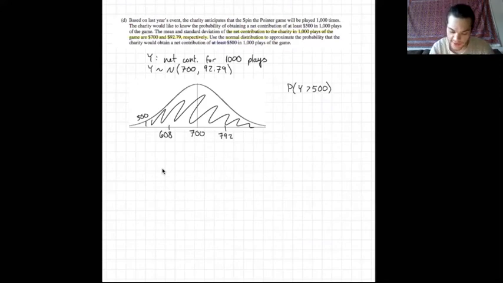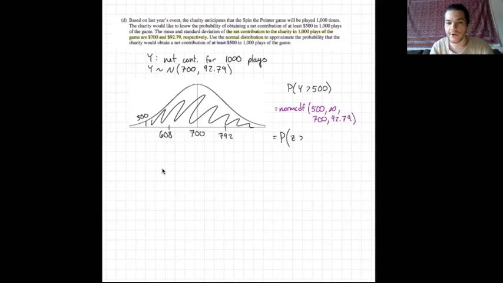So let's calculate this probability. We could just go on our calculator and do a norm CDF with a lower bound of 500, an upper bound of a big number. Our mean is 700, standard deviation 92.79. We could type that into our calculator, but let's switch to Z's just to be safe.